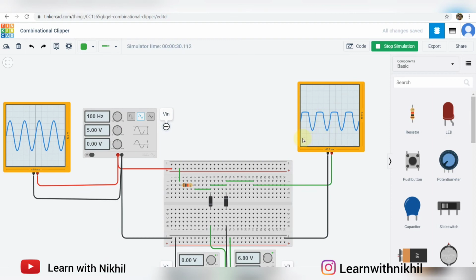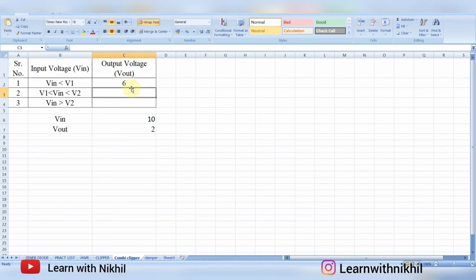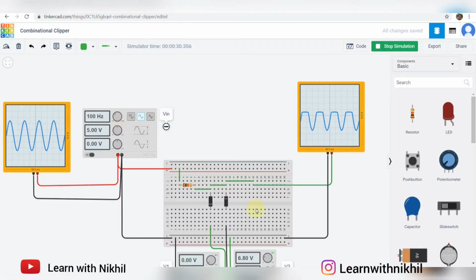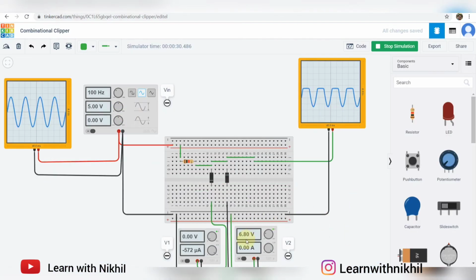So an output voltage of minus 6 or 6 volts is fine. Now when Vin is greater than V2, I'll lower this and keep it around 4 volts.